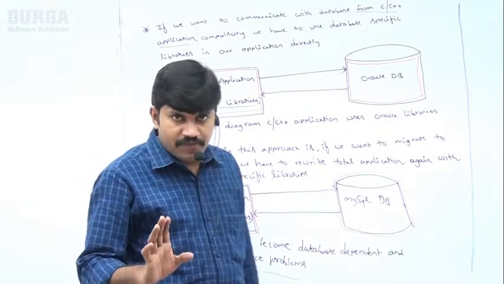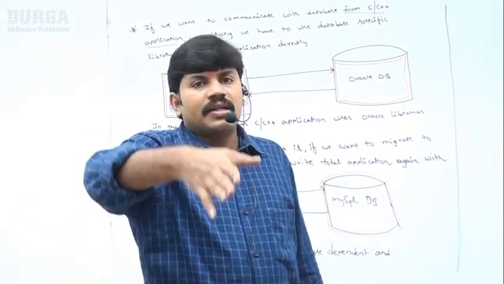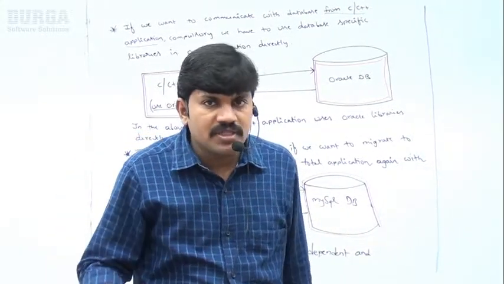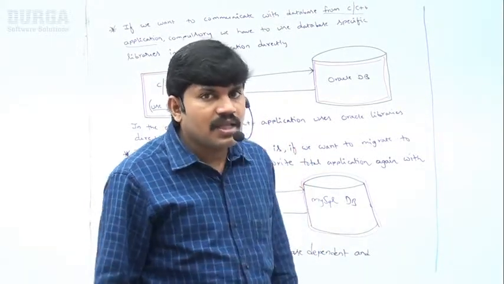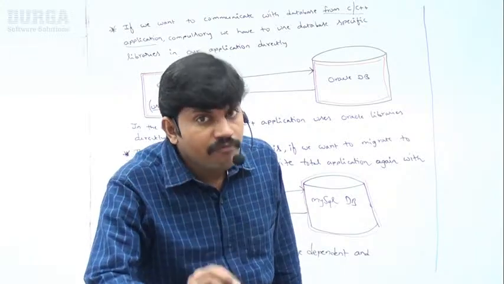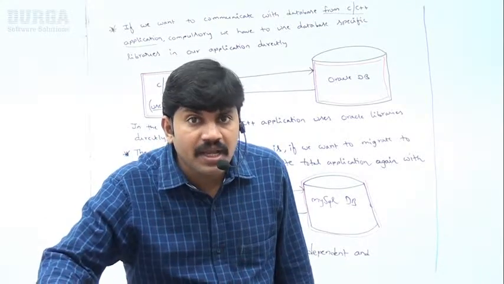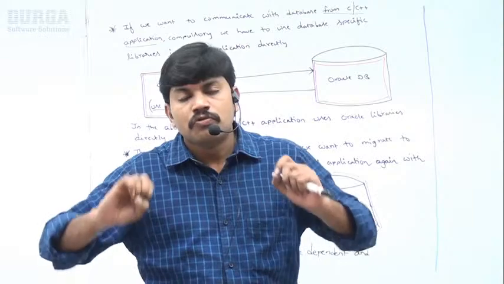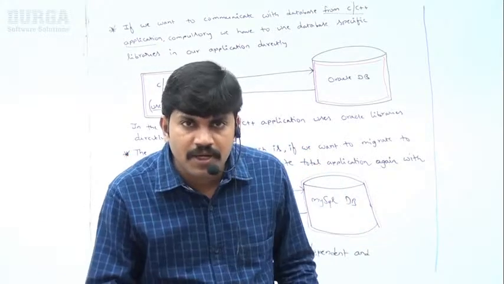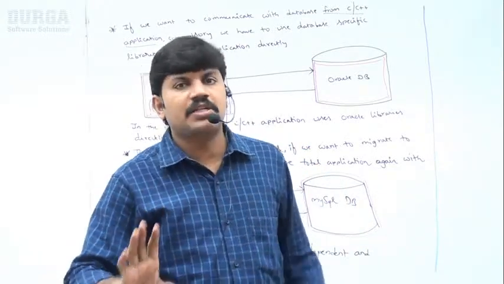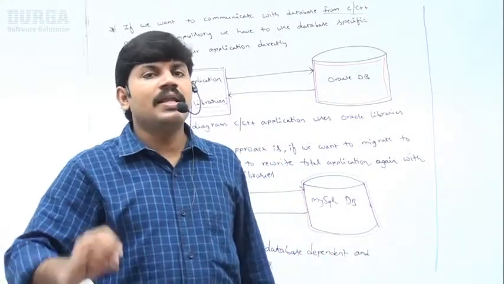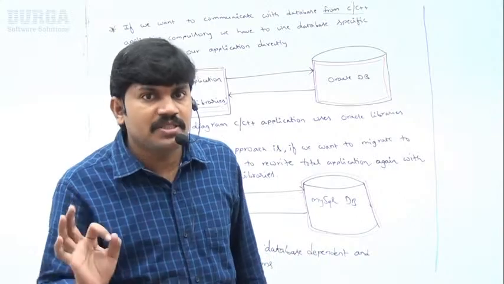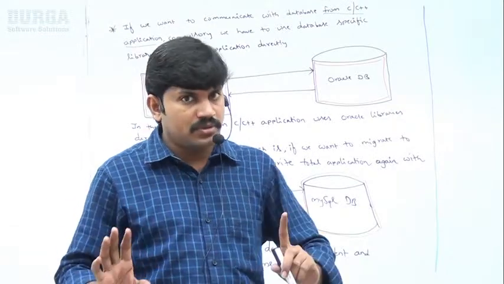In the olden days, this was how programming languages communicated with the database. For every database we need to maintain a separate application, which is very difficult for the developer and creates maintenance problems. To overcome this problem, the ODBC concept was introduced by Microsoft in 1992.